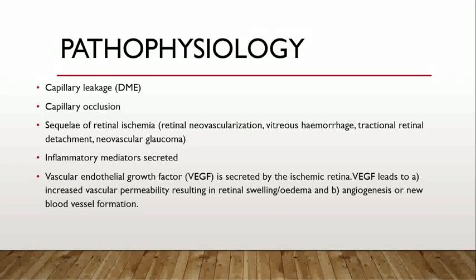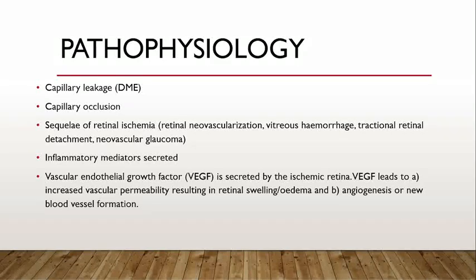The pathophysiology: capillary leakage or diabetic macular edema, and the endothelium is not healthy, so there's capillary occlusion, and then it goes into retinal ischemia, neovascularization of the retina, hemorrhages of the vitreous, then tractional detachment and neovascular glaucoma with blood vessel formation, which is very difficult to treat.